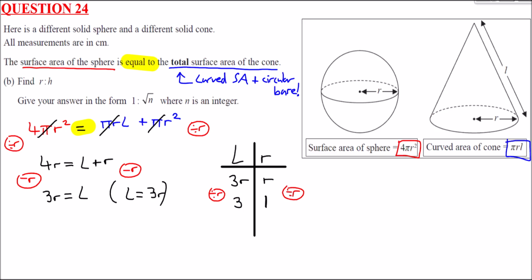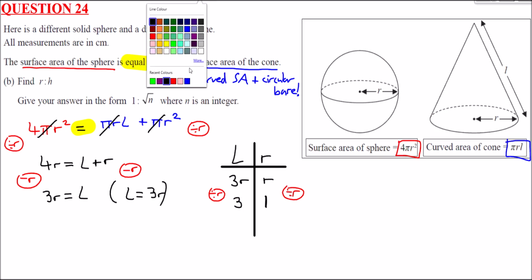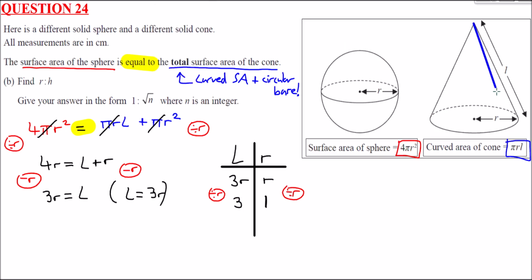So thinking of this as a right-angled triangle, we can now think about what h is, where h is obviously the vertical height of this cone. So h is a perpendicular height, like so.